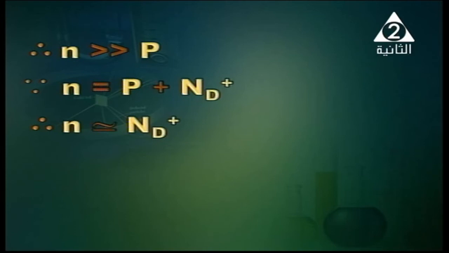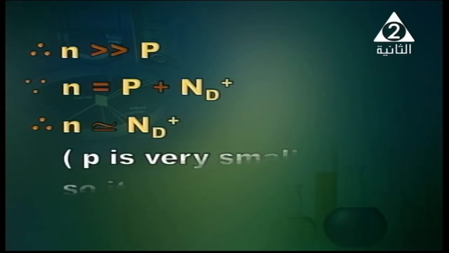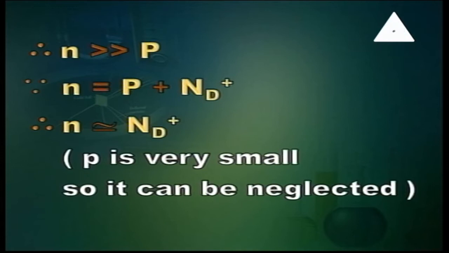The crystal is neutral because n is equal to p plus the concentration of positive donors. As I said, since p is diminishing, we can say n is almost equal to N_D positive. P, the number of positive holes, is very small, so it can be neglected.